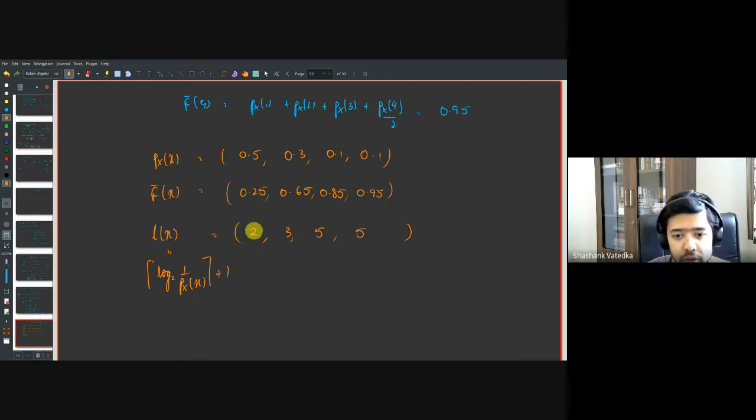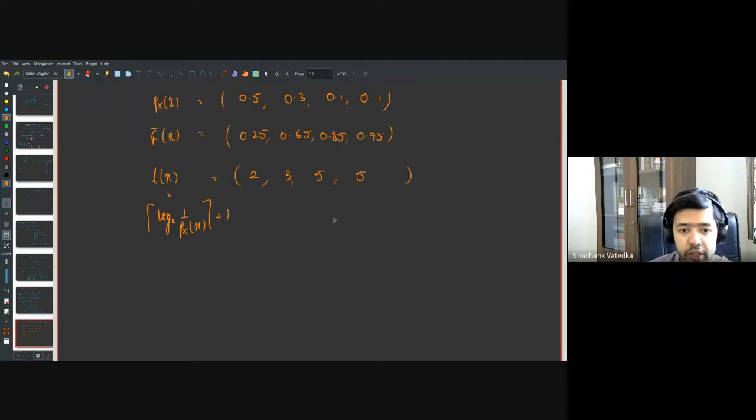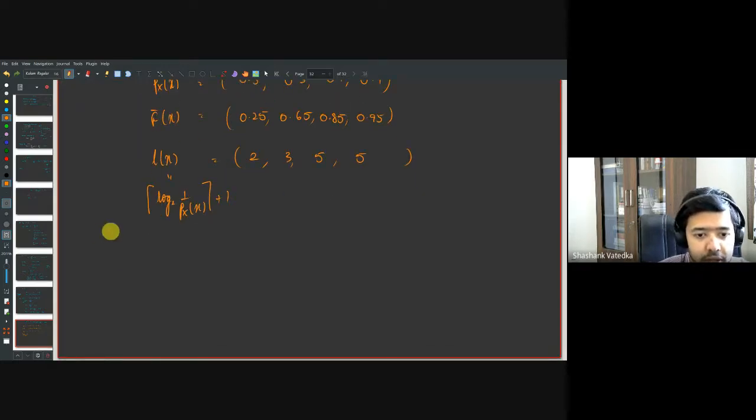So basically we want the first 2 bits in the binary representation of 0.25, the first 3 bits in the binary representation of 0.65, and 5 bits in the binary representation of 0.85 and 0.95. So let's try to do that. For 0.25, I want the first 2 bits of its binary representation.